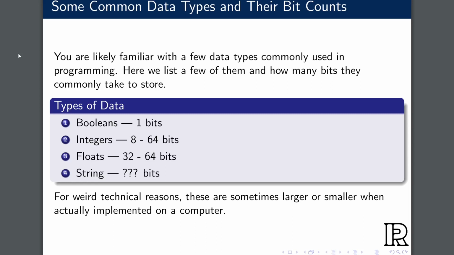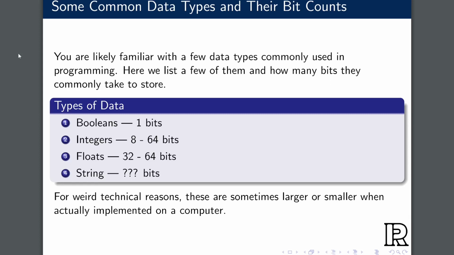So in theory, you could store any Boolean value in 1 bit. You could store a true or false as a single bit. For weird technical reasons, Booleans are not often actually stored as a single bit, but in theory they could be.